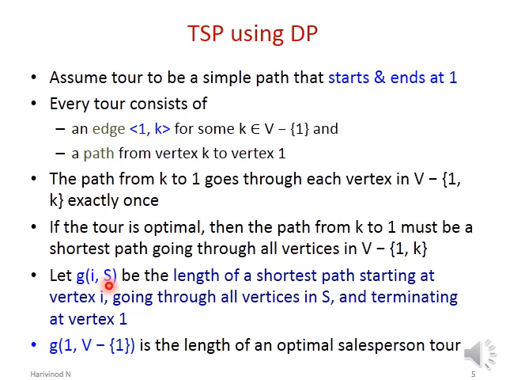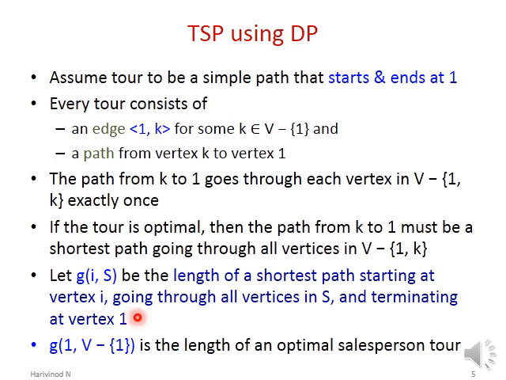I repeat the definition of g(i, S). g is a function, i is the starting vertex, S is the set of vertices. g(i, S) gives the length of the shortest path starting from i and visiting the vertices in S in some order and coming back to 1. It comes back to 1. That is most important.